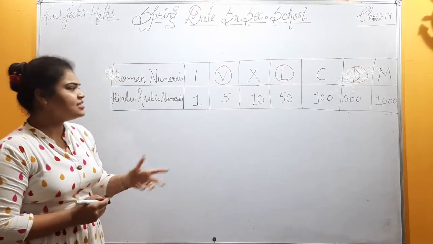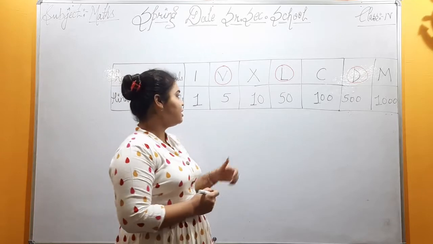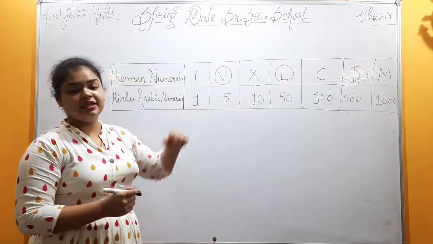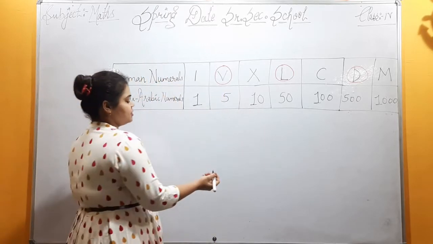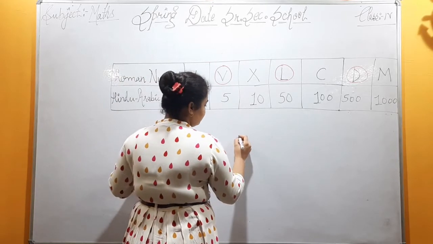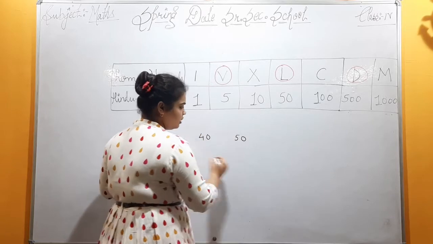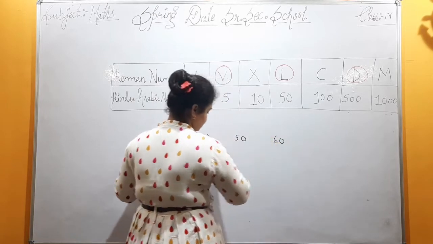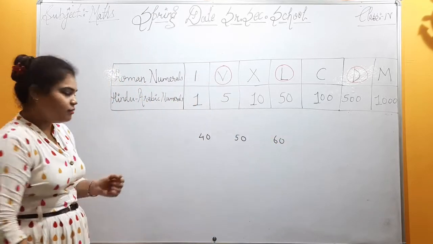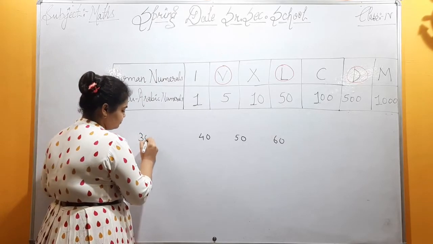So let's understand how we can repeat these symbols. For example, I'll write 50, 40 and 60. One more number we will take, 30.